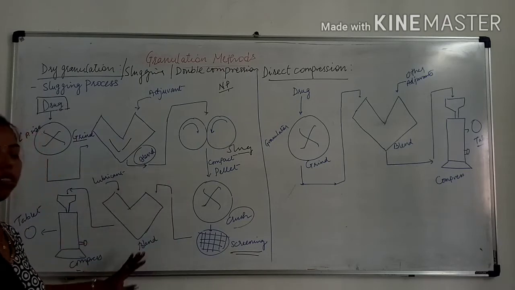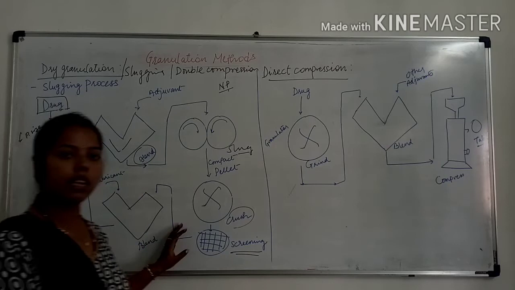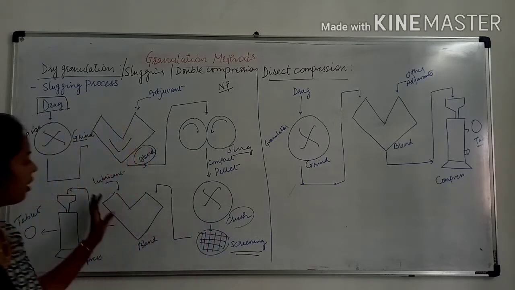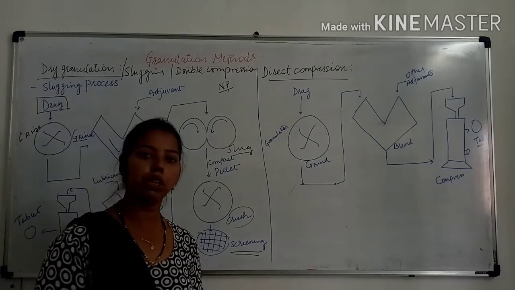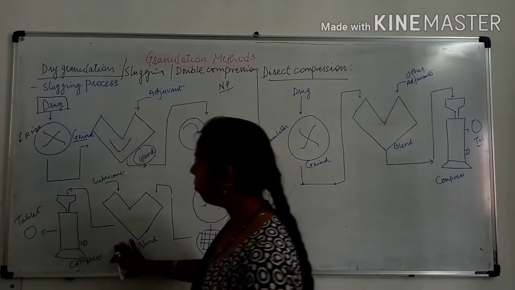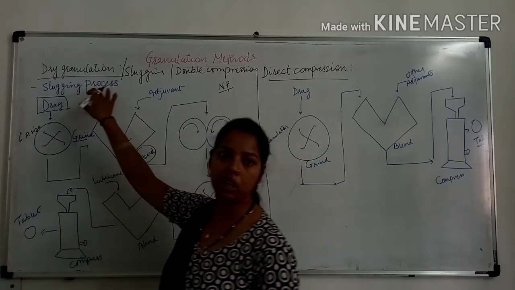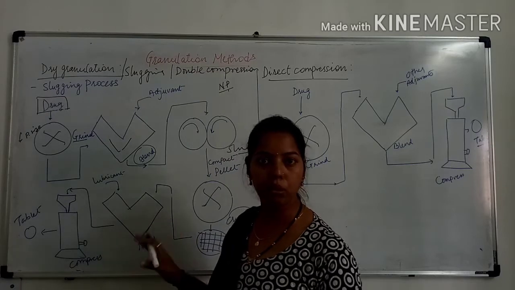Here we get the dried form of granules in which we add the lubricant, and after complete lubrication of the dried granules we go for compression of the tablet. So we compress the tablet through the dry granulation process. This was all about the dry granulation process.